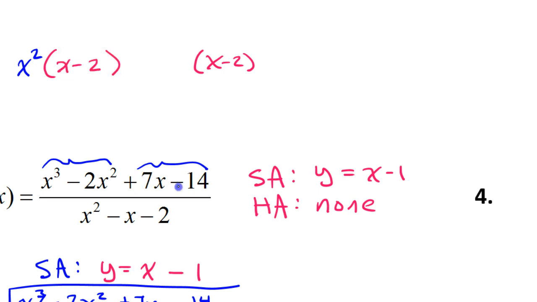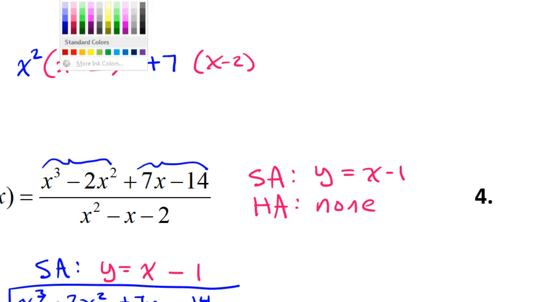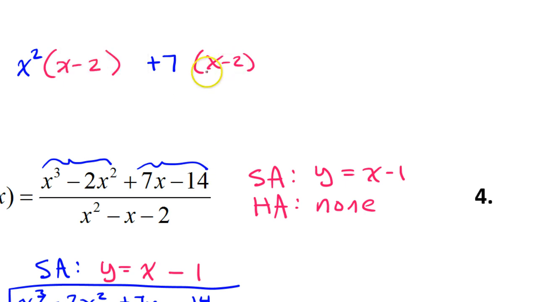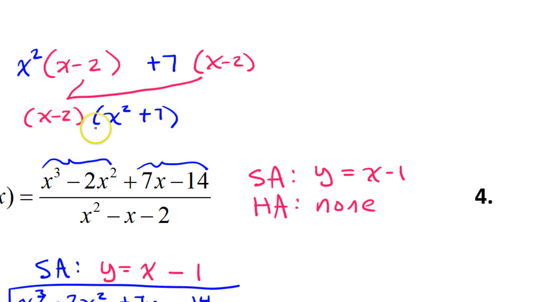The GCF here is 7, so I'm going to pull out that plus 7. And sure enough, 7 times x is 7x, 7 times negative 2 is negative 14. Now, this part is itself a GCF. So, as always, I will pull out this common factor of x minus 2. That's going to leave behind x squared plus 7. So this is how the numerator factors down.